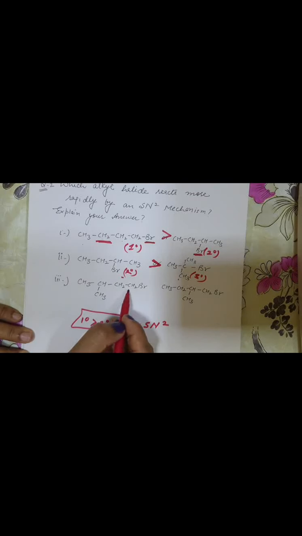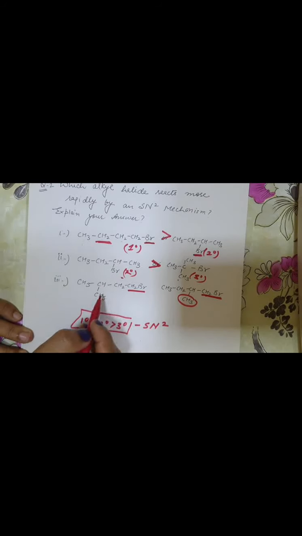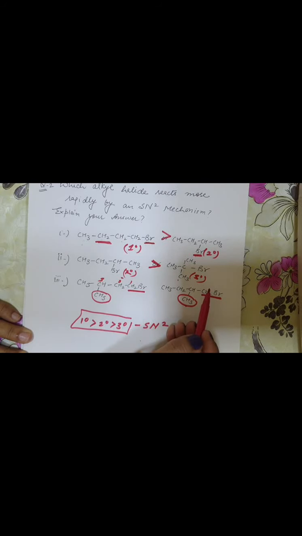Now come to the third example. In the third example, this is primary, this is also primary. Okay, but the position of this methyl group will decide the rate of the SN2 reaction. Okay, in the first case, the CH3 group is attached to the third carbon atom, while in this case CH3 is attached to the second carbon atom.